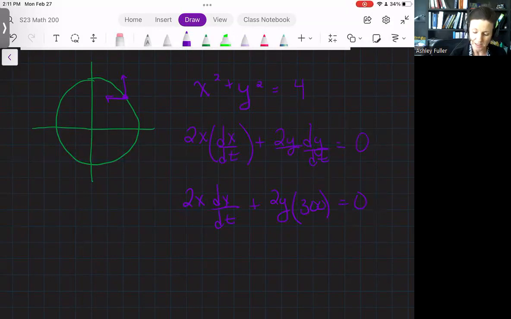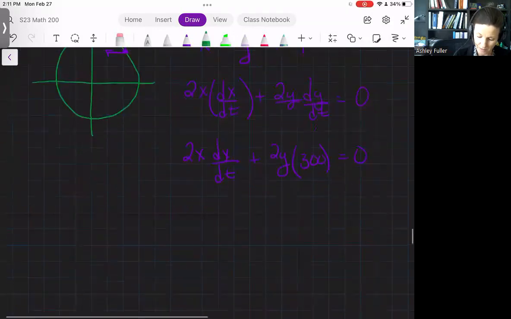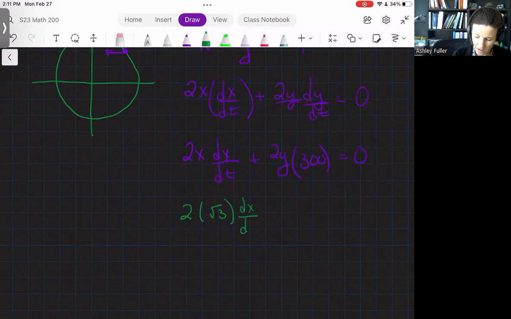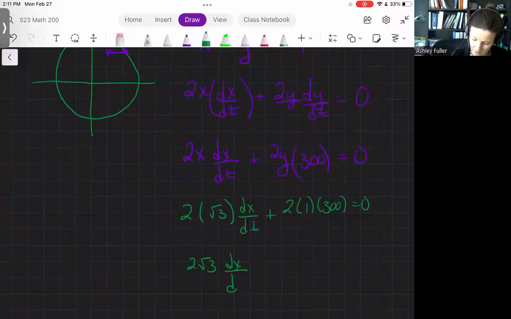But they've also told us the x and y values that we're concerned about. We know that x has the value of the square root of 3, and we know that y has a value of 1. So we end up with 2 square root of 3 dx over dt plus 600 equals 0.